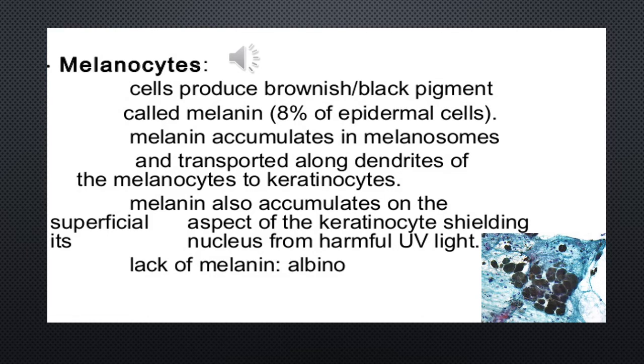So melanin protects our body from ultraviolet radiations, but during excessive production of melanin it gets deposited in surrounding cells and gives a brown black appearance.